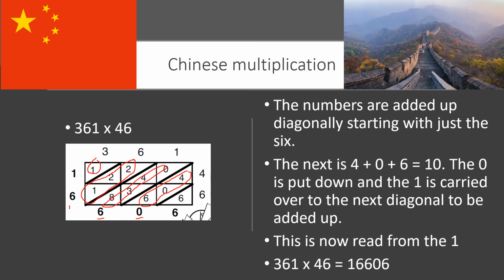So we just add the diagonals and carry over just as you would for normal addition. So then our answer, reading from the top left along to there, is 16,606.